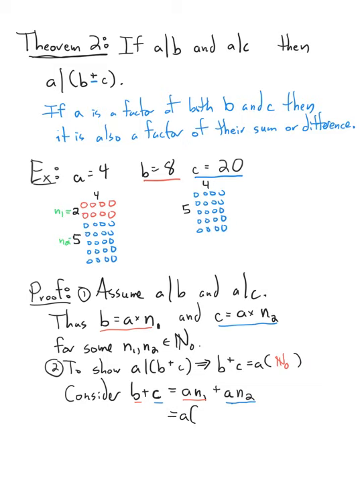We get A times N1 plus N2. And hey, we've done it. Remember, N1 plus N2 is the sum of whole numbers, and the whole numbers are closed under addition. When you add two whole numbers, you get another whole number. So we're good to go.